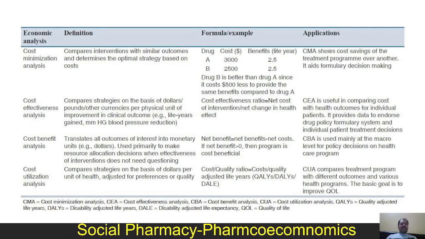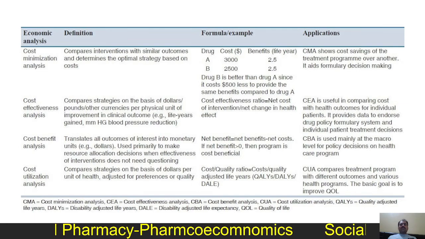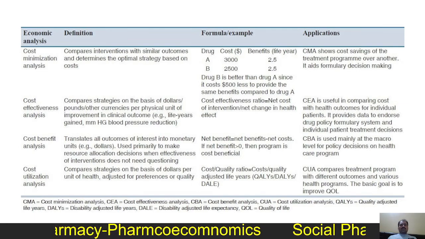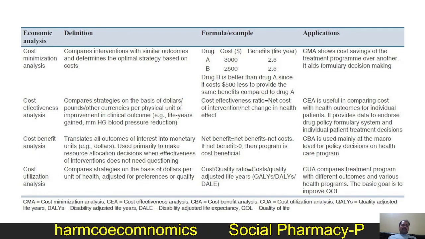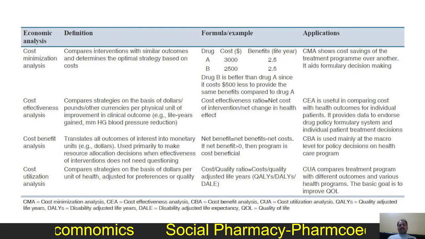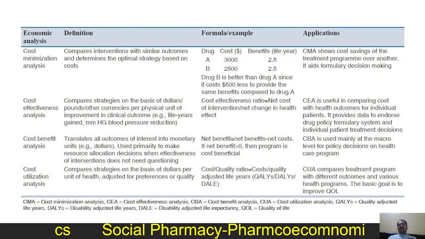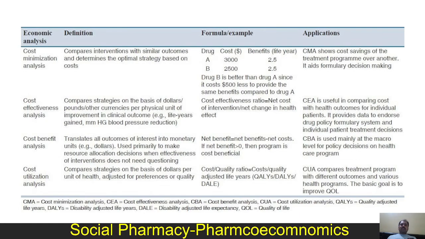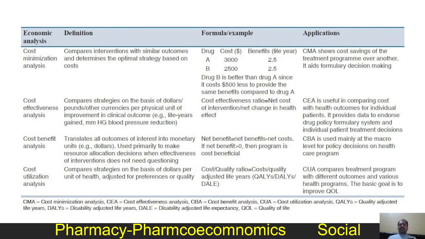First is cost minimization analysis, in which we try to reduce the cost for optimal utilization of resources. Say there are two drugs A and B. One is costing $3,000 and another is costing $2,500. The benefit in terms of life years is 2.5 from both drugs.